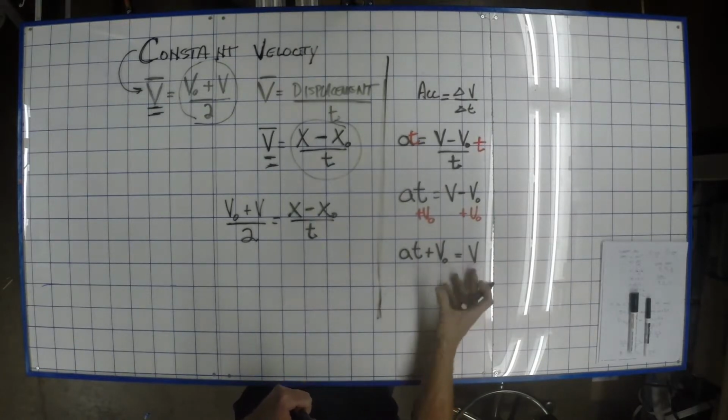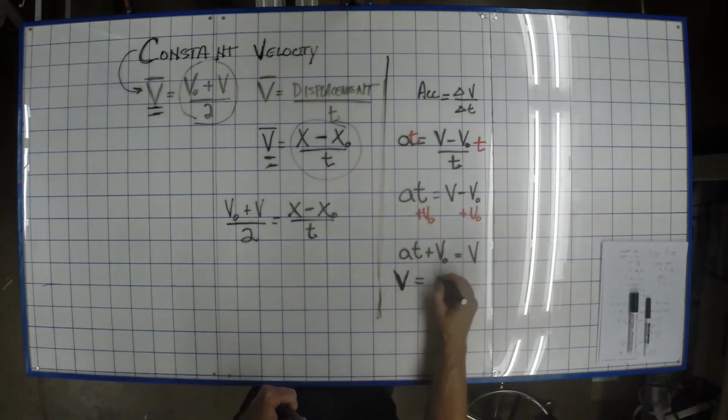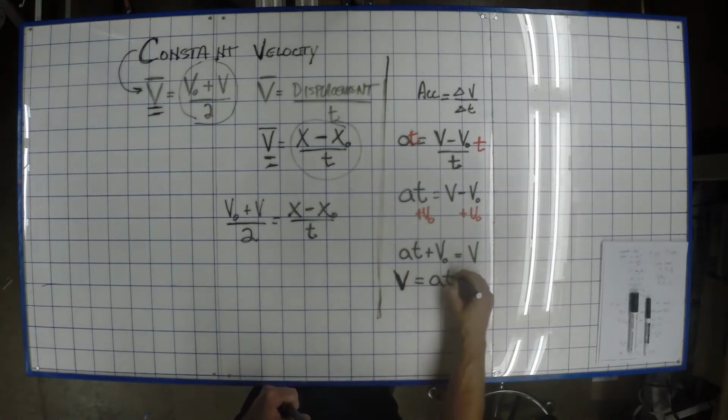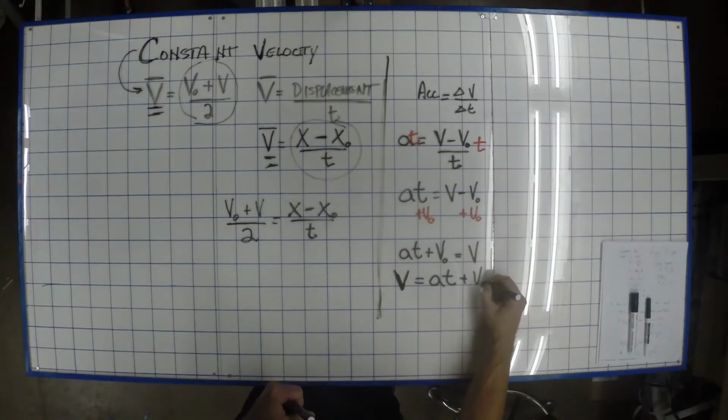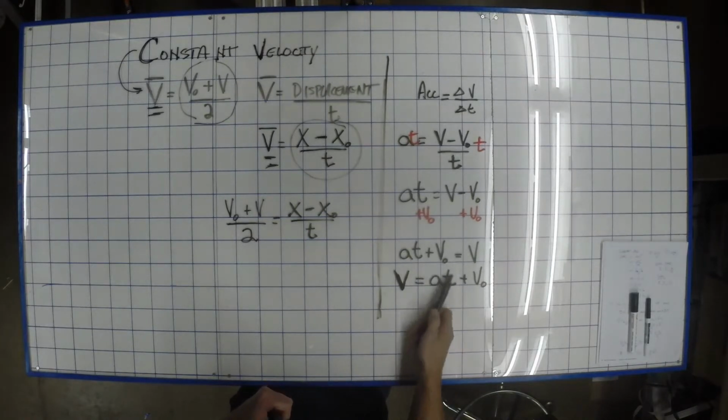And I'm just going to reverse the order here. I'm going to write final velocity is equal to your acceleration times time plus your initial. Well, this sort of makes sense. This right here is your change in velocity. So it's whatever you had plus however much it changed by, that change times time.